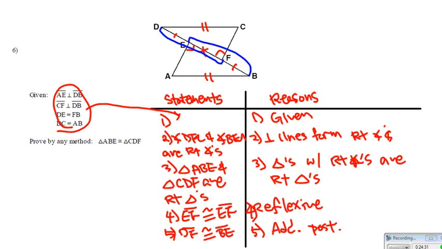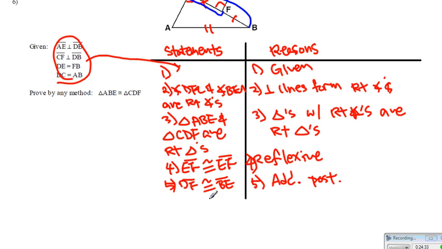Then I think we are all ready to say the last statement. Number 6, triangle ABE must be congruent to triangle CDF. Why? By the hypotenuse leg.